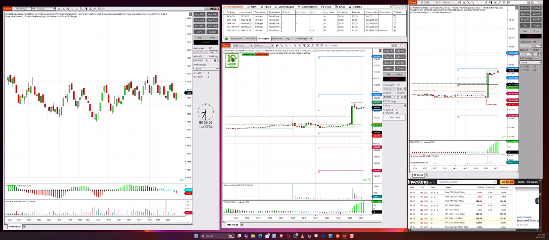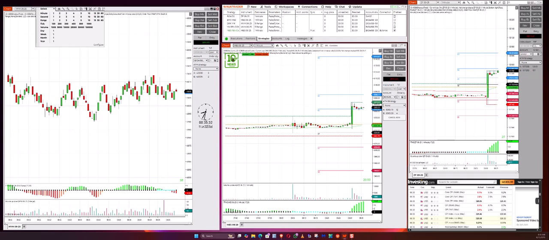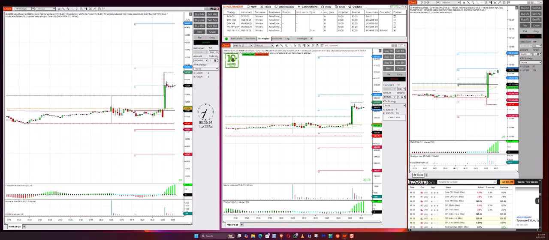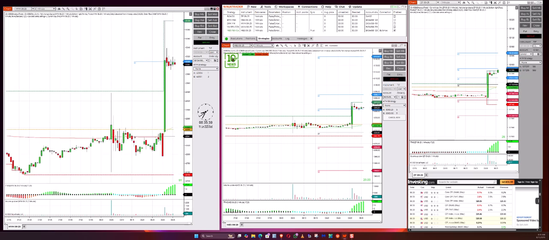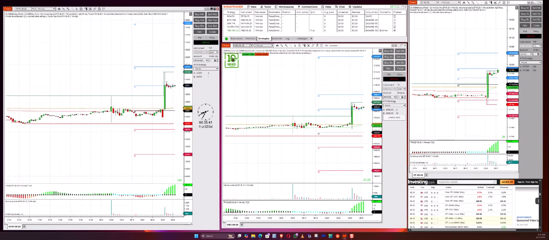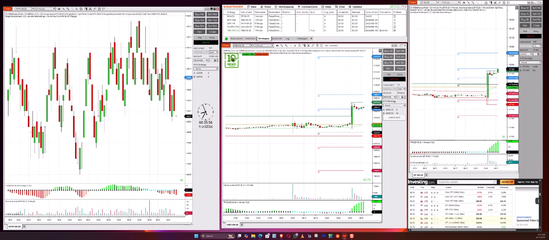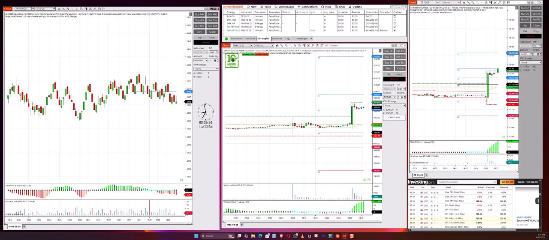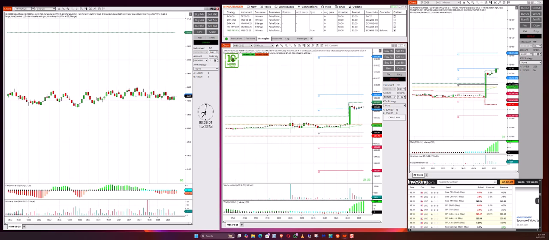I don't see a wick with the naked eye on the MYM, but that doesn't mean it isn't there. There can definitely be a wick that you don't see unless you go to a much smaller time frame chart, like a 5 range, for instance. You go 5 range, then you got to go all the way back to 829.58. That's when orders were put on the chart.